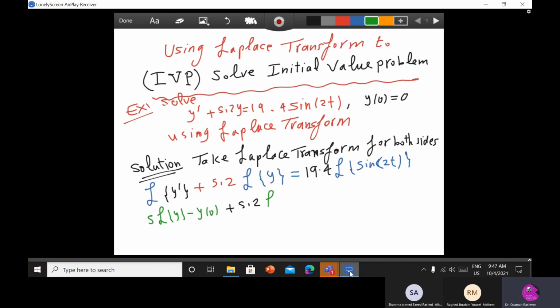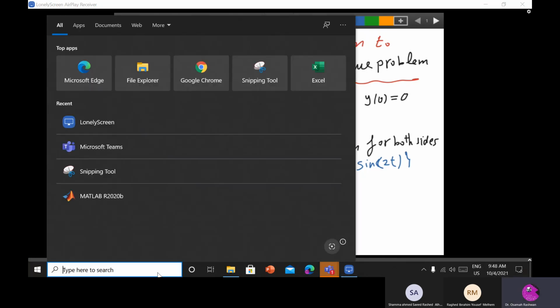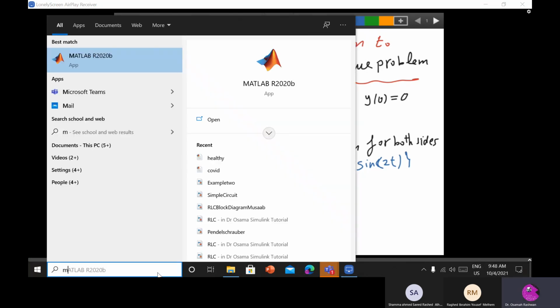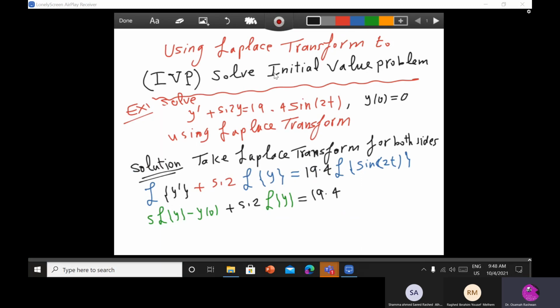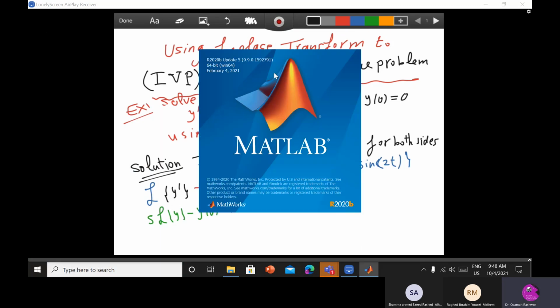This is only Laplace of y, equal to 19.4. What is the Laplace of sine? Do you remember? If I don't know how to get Laplace transform, I go for the MATLAB if I don't have the table, right?